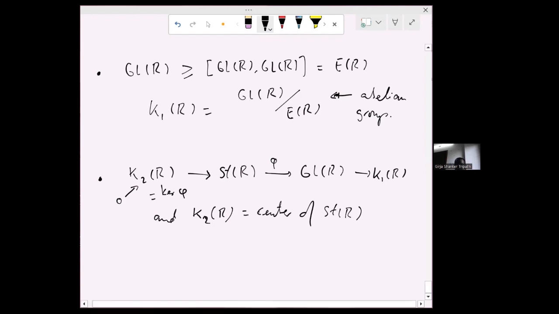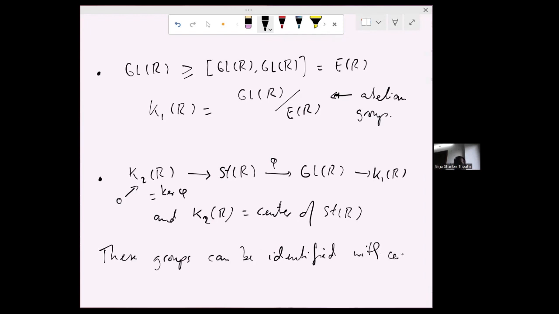And these groups, one could think after going through some group cohomology, which groups can be identified with certain group cohomologies?